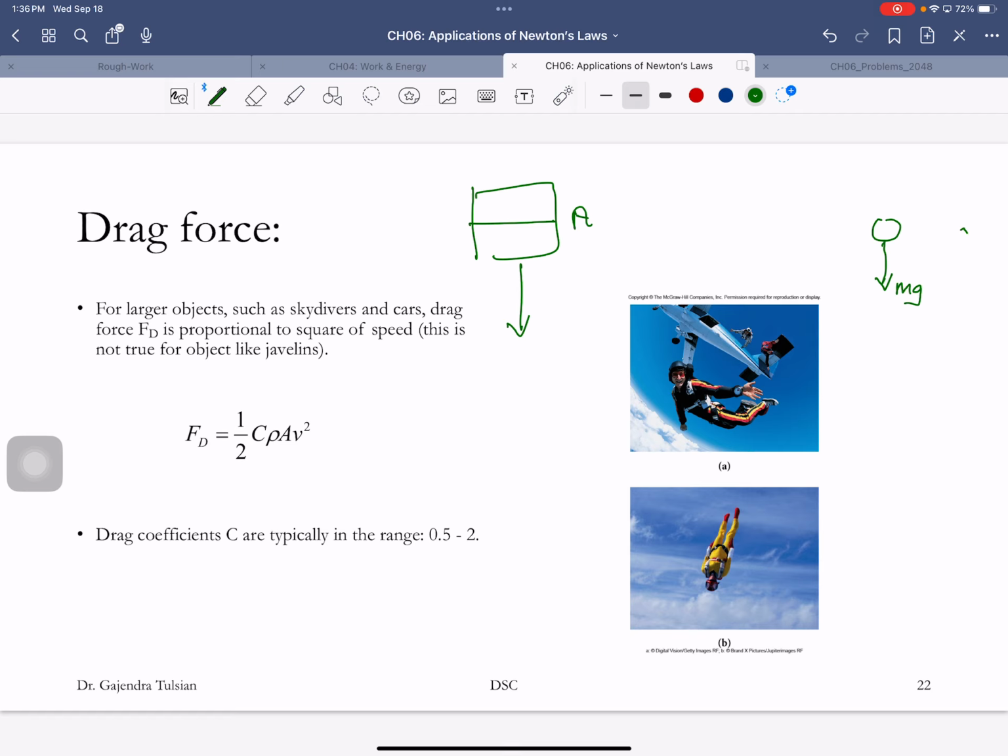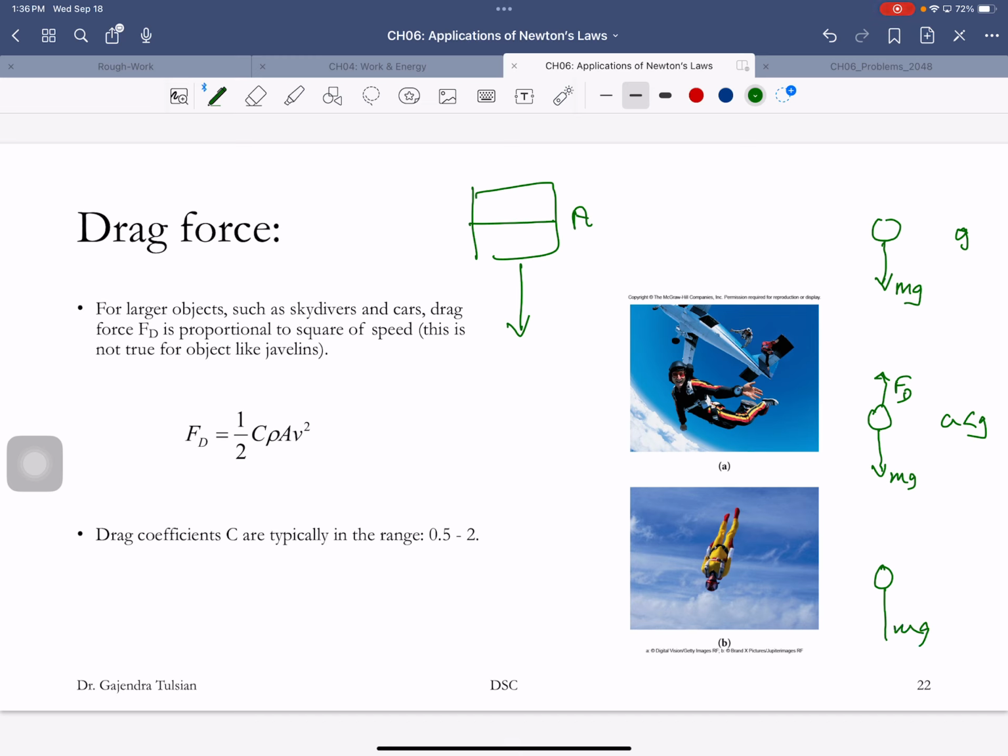Now as you gain speed, the drag force is increasing. Your acceleration is less than g, but you still have a positive acceleration, so you keep speeding up.